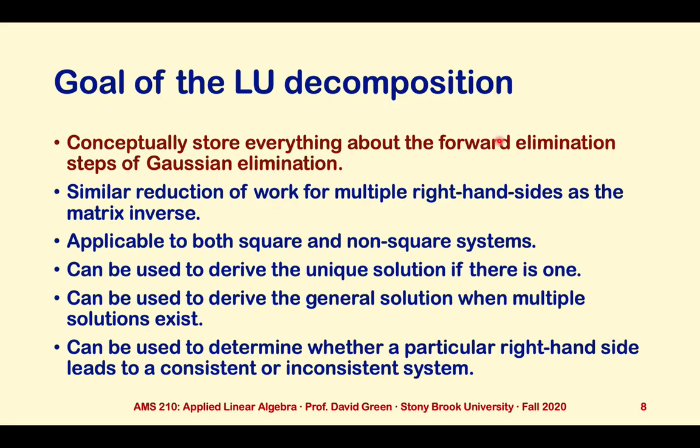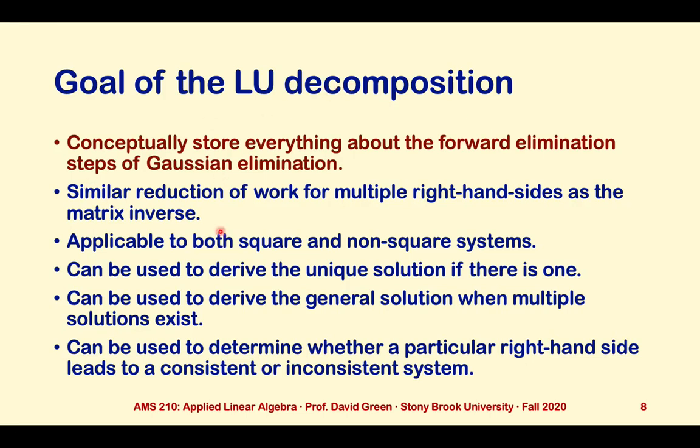We'll only go forward with back substitution if we have a solution, and we have to deal with things differently if we have multiple solutions or a unique solution. But the forward elimination steps are more robust. LU decomposition is going to aim to store that forward process.